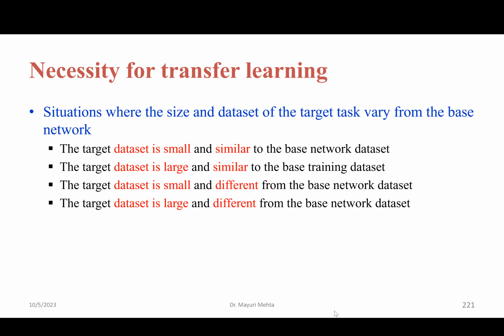Now here the target data set is small. That means we can fine tune the pre-trained network with the target data set, but this may lead to the problem of overfitting. There may also be some changes in the number of classes in the target task. So in such case, we remove the fully connected layers from the end, maybe one or two, and add new fully connected layers satisfying the number of new classes.